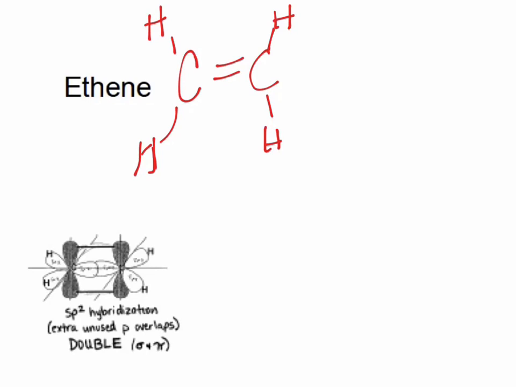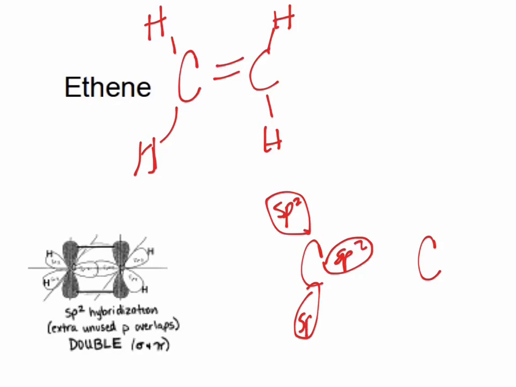So now we take our C's, and how many areas of bonding do we have? There's only 3 areas of bonding, right? So we have an sp2, an sp2, and an sp2 on this one.